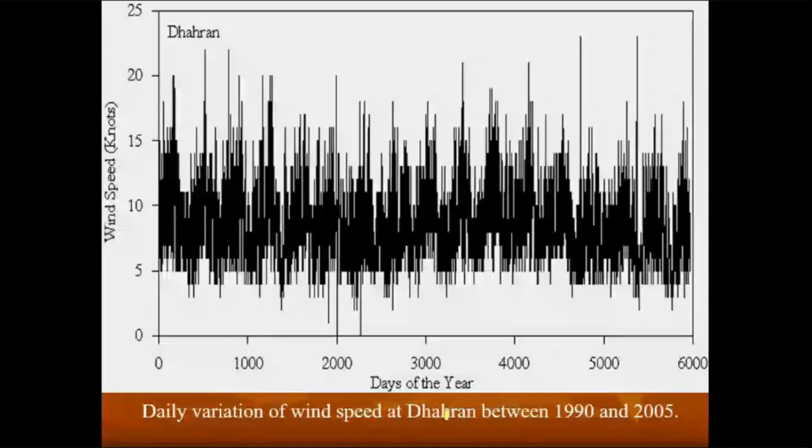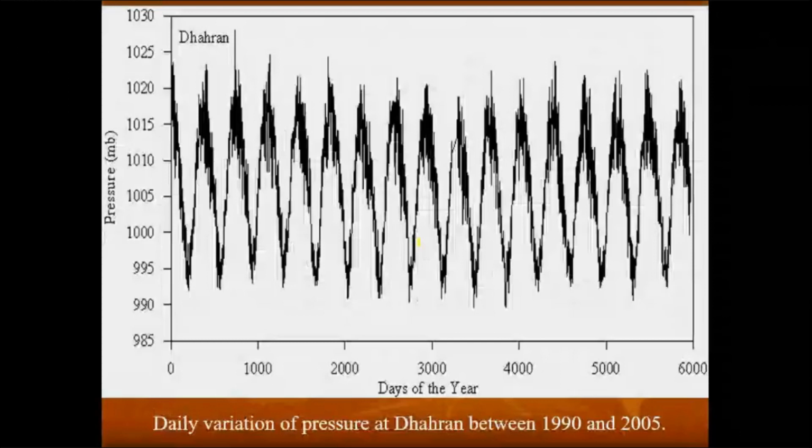This is the daily observation of the wind speed. You can see the daily variation of parameters of Dhahran. This is the daily variation of temperature.